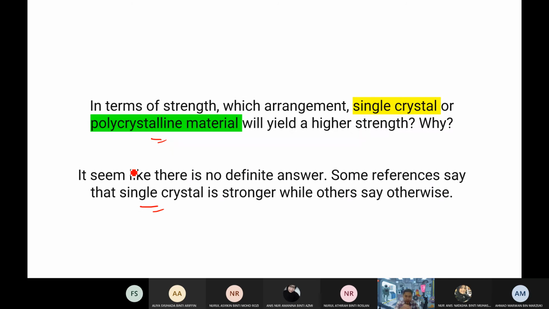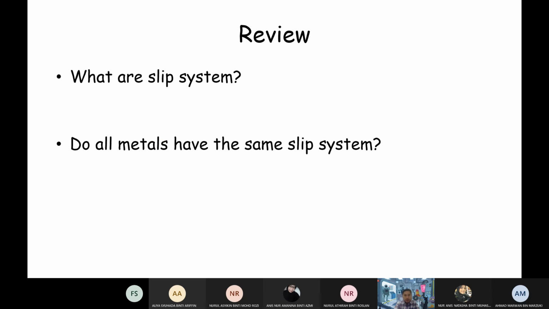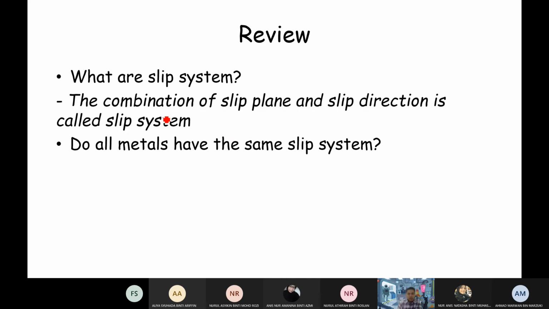But polycrystalline material will be more ductile compared to single crystal material. Okay, so, some review before we end our class here. A slip system is the combination of a slip plane and slip direction.